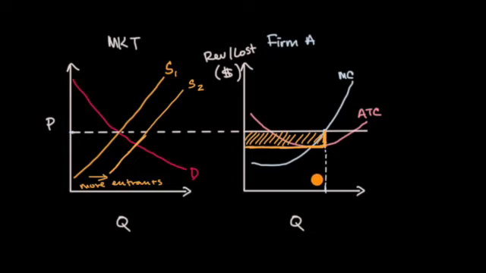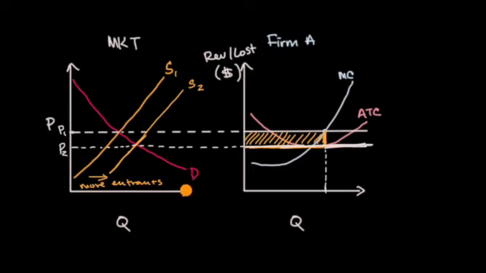Remember, firm A is just one of many firms. Well, in this situation, we have a new equilibrium price. So if this was P sub 1, now we have this new equilibrium price, P sub 2, which is going to define a new marginal revenue curve for all of the players in this perfectly competitive market. And so the new marginal revenue curve is going to be right over there.